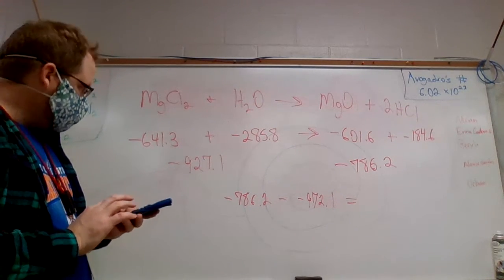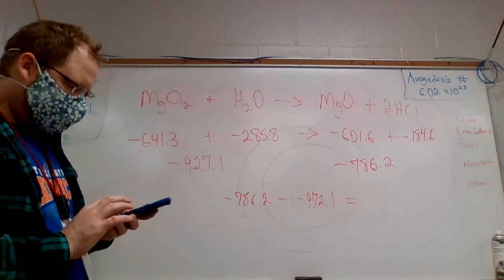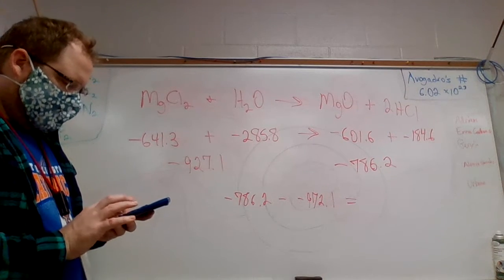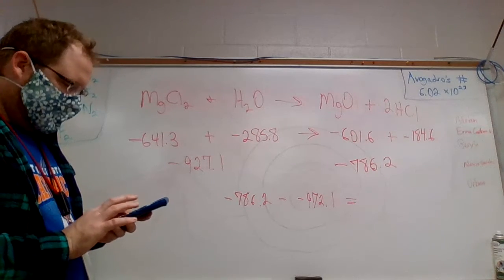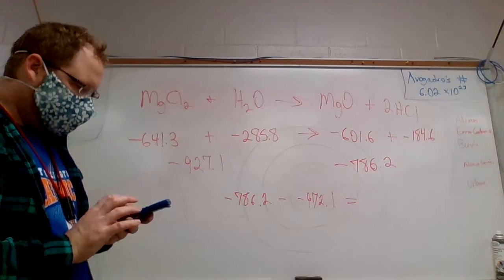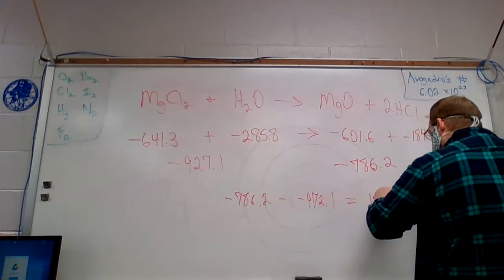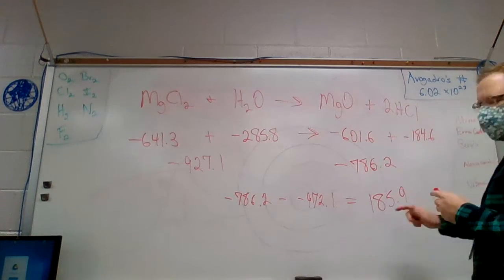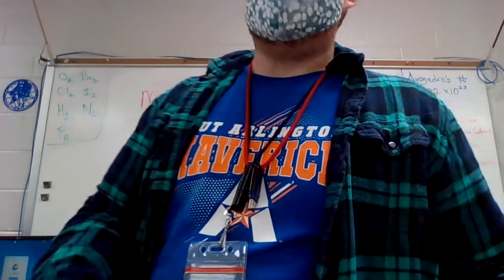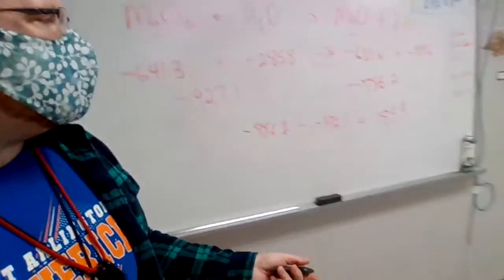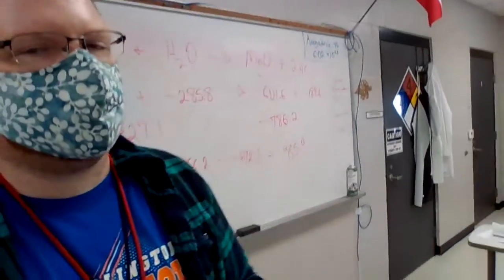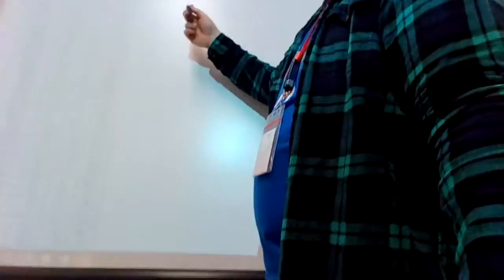Negative 786.2 minus negative 927.1 is 140.9... which tells us, because it's a positive number, that it's endothermic. And the answer for this particular problem should be 185.9. Let's see if we got it right.